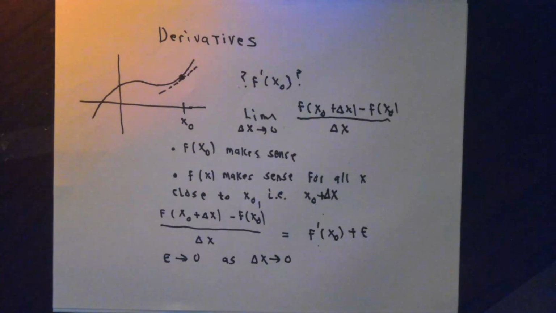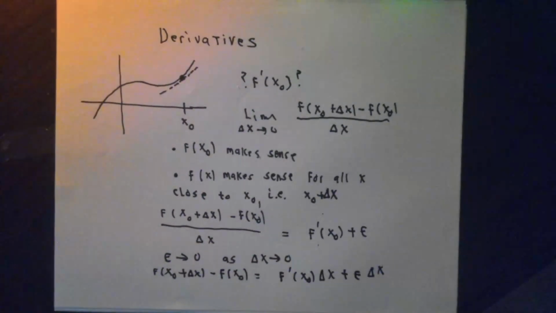the fraction has to approximately be f prime at x0, with the approximation becoming better as delta x tends to 0. The difference between the fraction and the actual value of the derivative must be some quantity, which I'll call epsilon, which tends to 0 as delta x tends to 0.